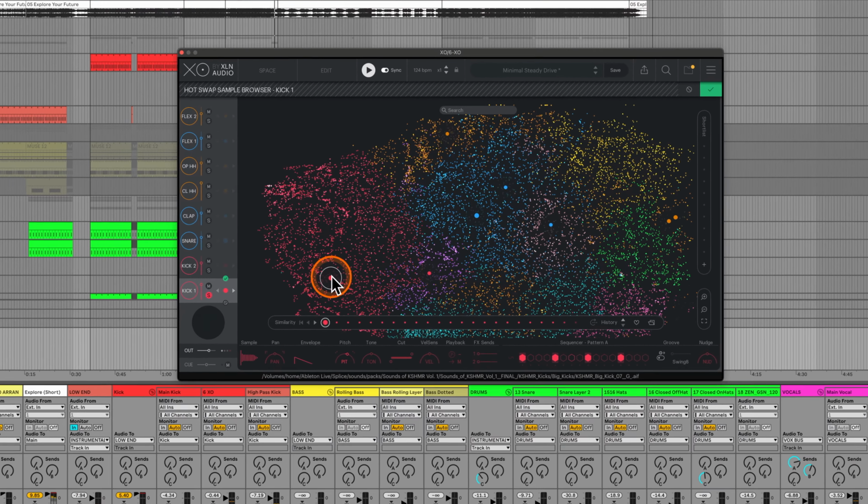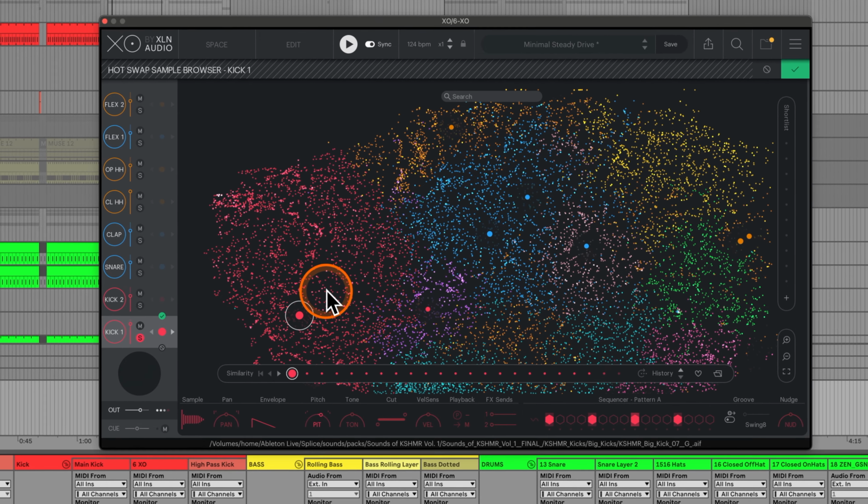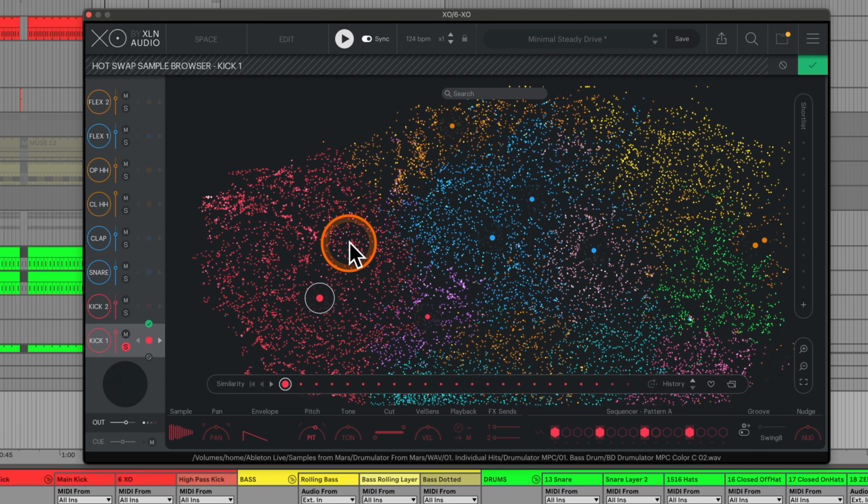So if I stay in this area, they'll be very similar. If I go to a different area, so I quite like that one. Let's see if we can, again, find something similar that we quite like as well.